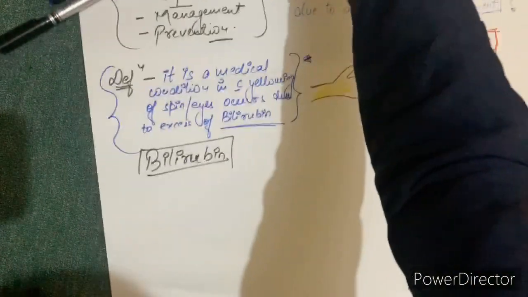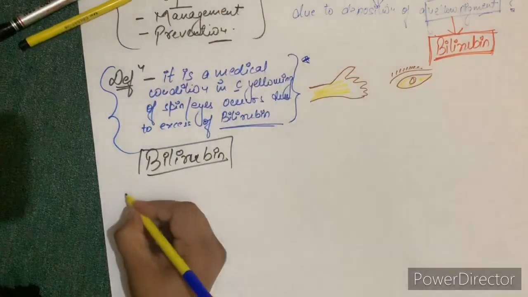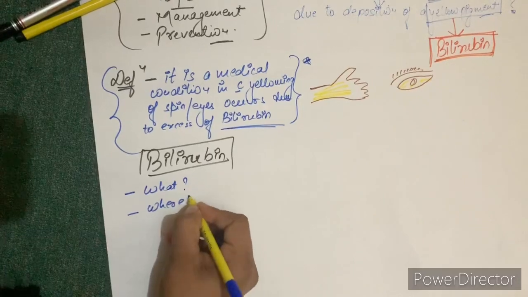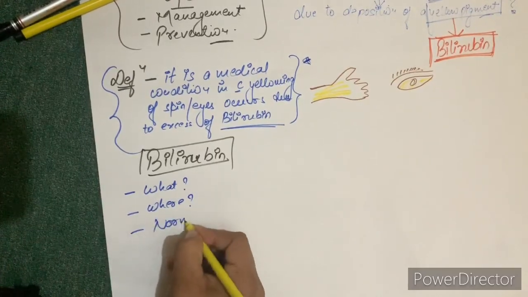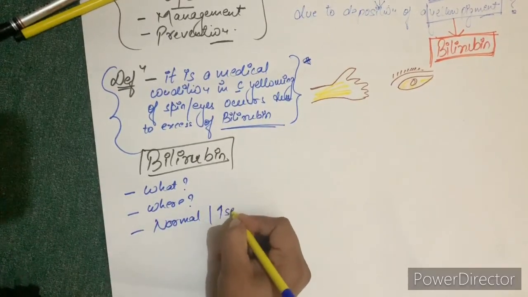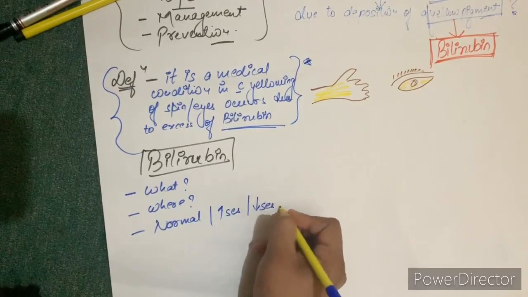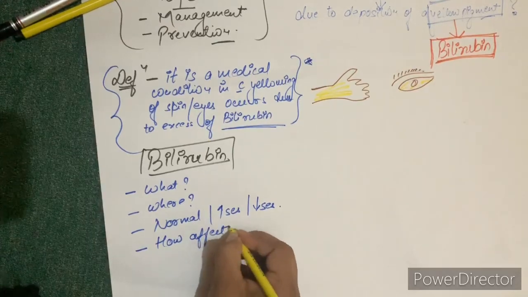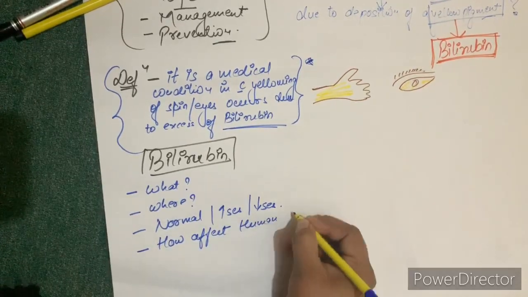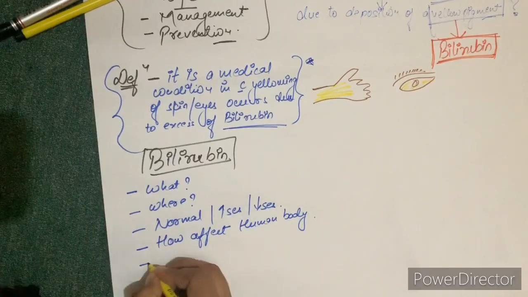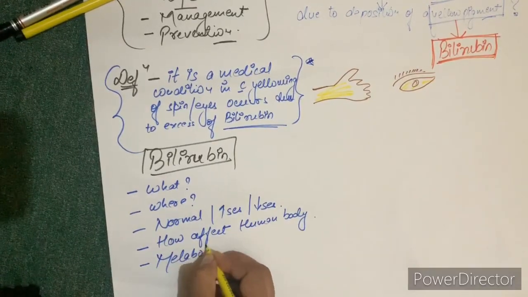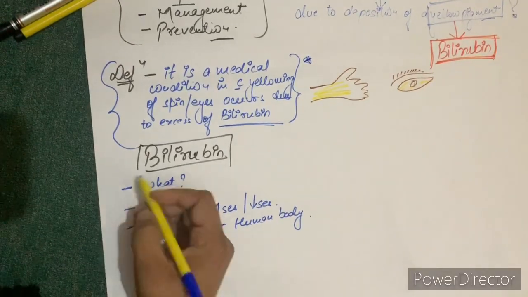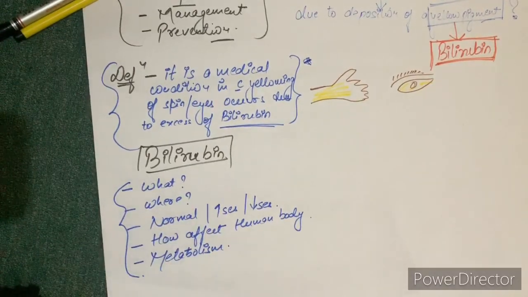In this video we discuss what is bilirubin, where it comes from, what its normal value in our body is, how it increases, how it decreases, how it affects the human body, and how it is metabolized in our body, the metabolism of bilirubin.